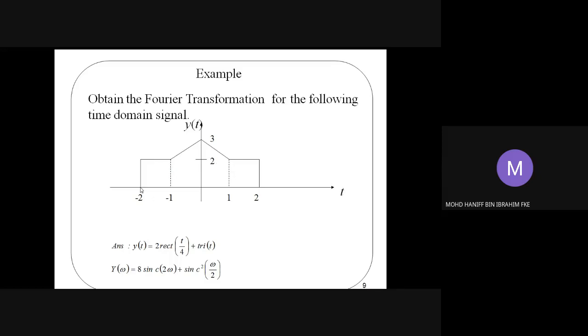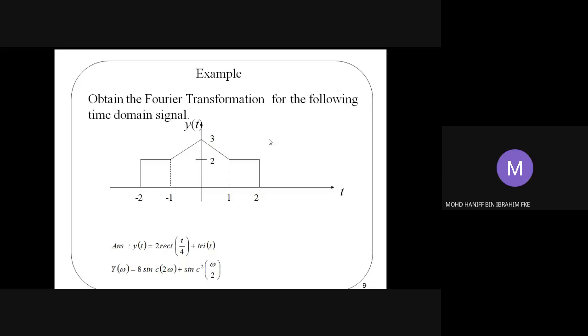Note that the rectangular function has an amplitude of 2, whereas the triangular function has an amplitude of 1. So basically this y(t) can be written as the addition of a rectangular function and a triangular function. We need to obtain the Fourier transform for this y(t) signal.